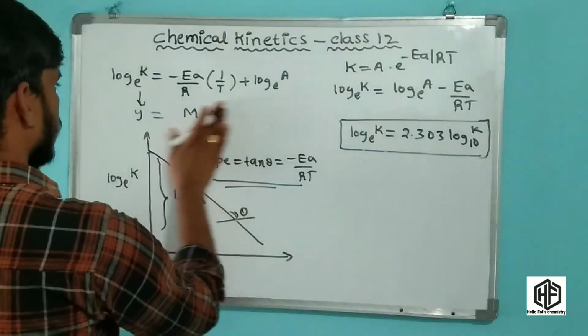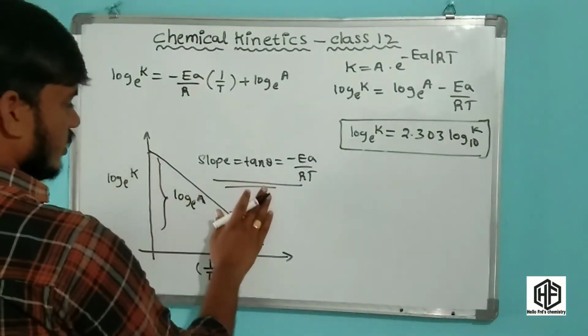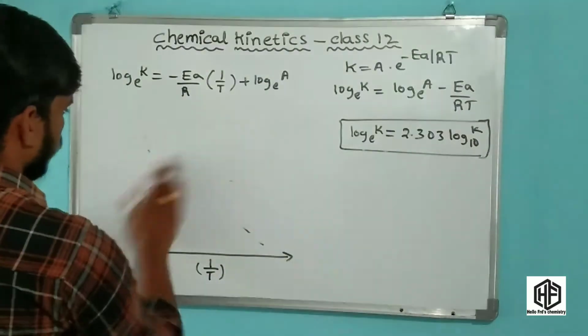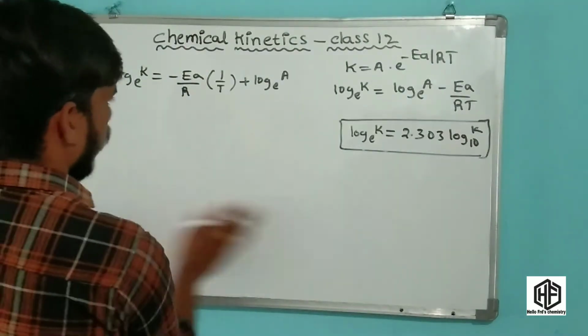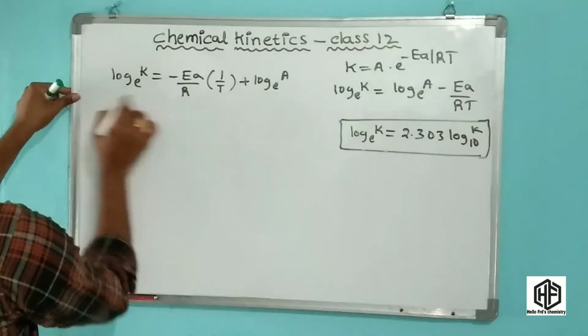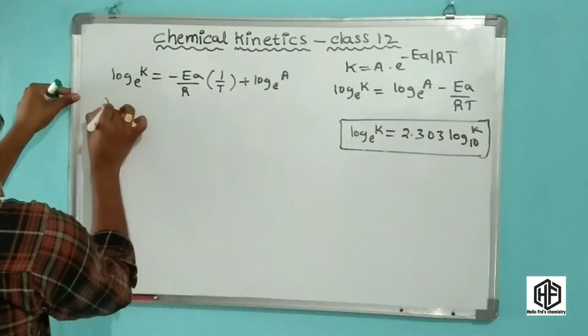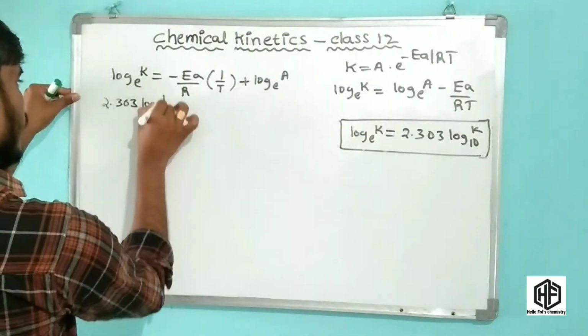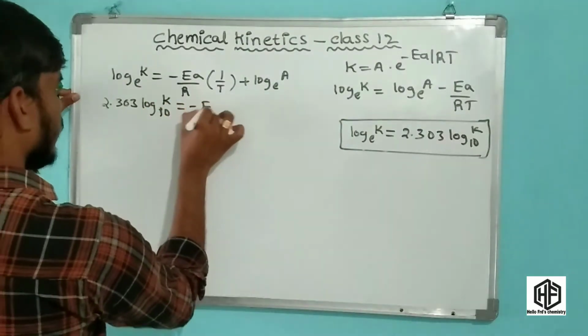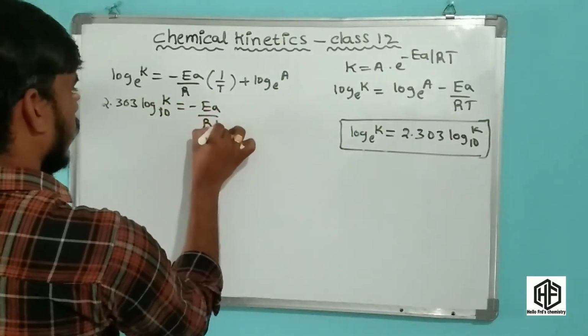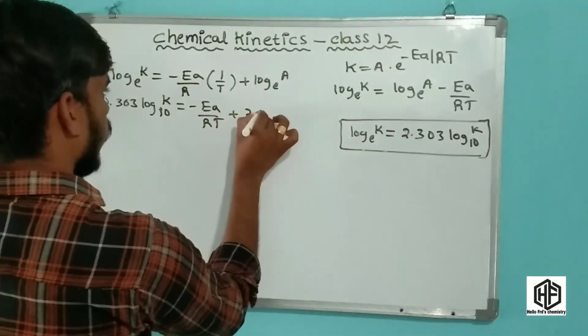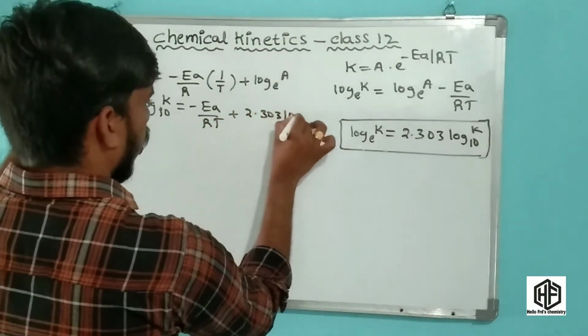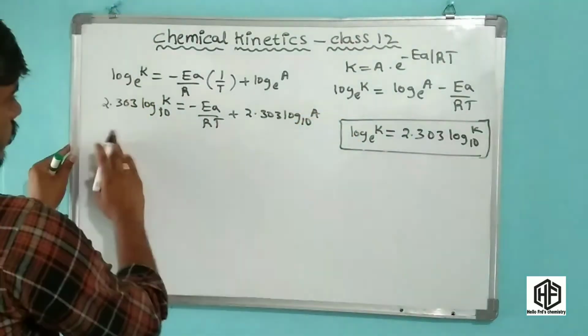Now what happens, friends, this is clear. Now this changes to log base 10. What happens, friends? 2.303 log k = -Ea/RT + 2.303 log A. This is the equation.